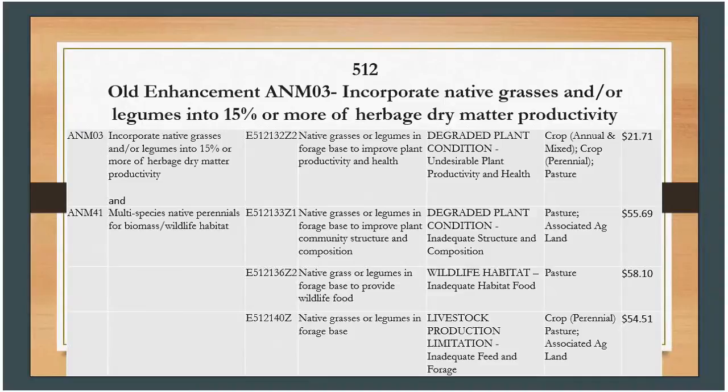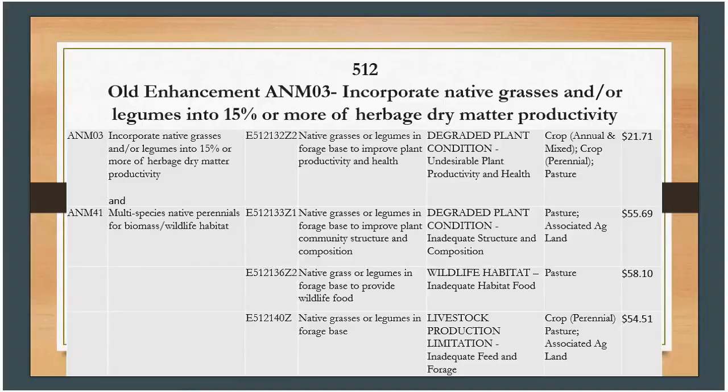Here's the first group of enhancements in 512. These 4. If you remember old CSP enhancements, these are the old ANM03 and ANM41, which were to incorporate native grasses or legumes into 15% or more of the dry matter, and multi-species native perennials for biomass and wildlife habitat. Those 2 old enhancements have been changed into these 4 new enhancements.